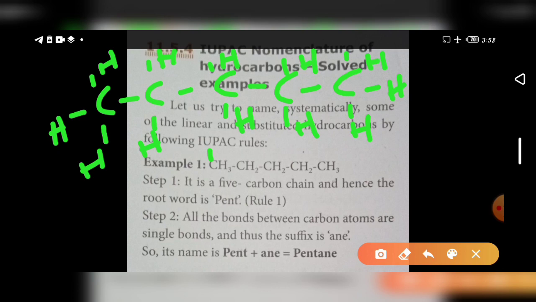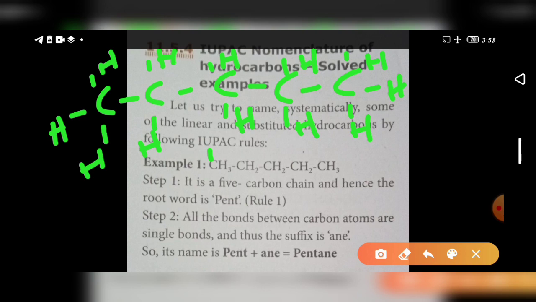So all are single bonds. There are no double bonds, because all carbons and hydrogens are combined by single bonds. There is no carbon double bond or carbon triple bond. So it is an alkane series.